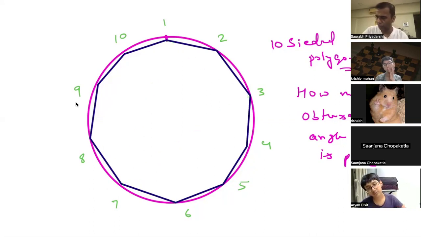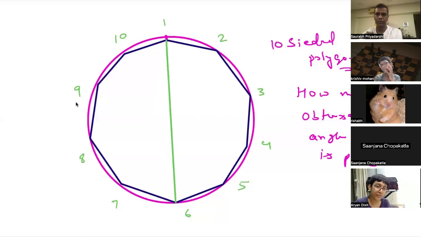What we require, what I'm saying, is that I'm dividing this into two parts. Right. So obviously I'm selecting one of the vertices and dividing this into two parts. So 2n is equal to 10, or n is equal to 5.